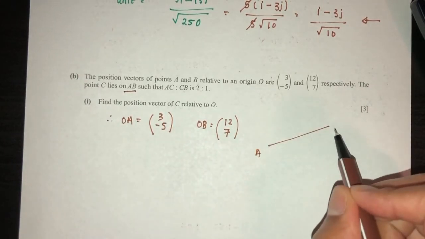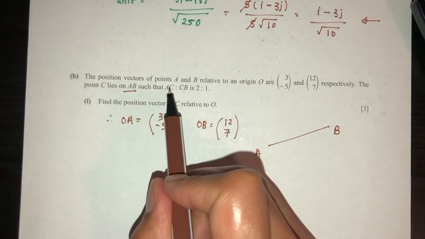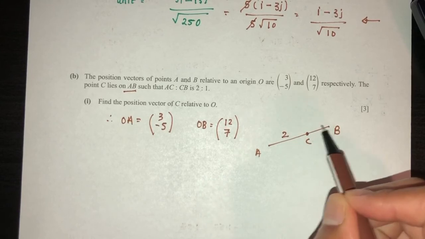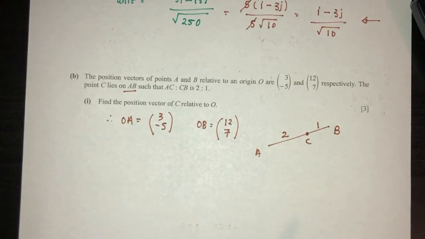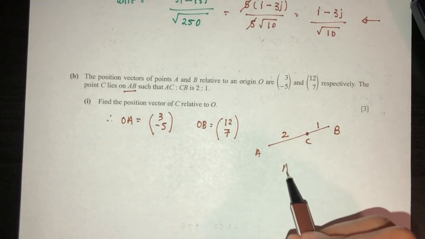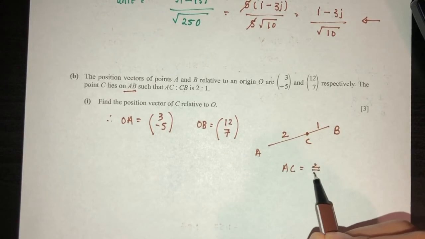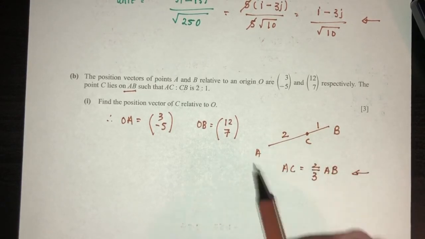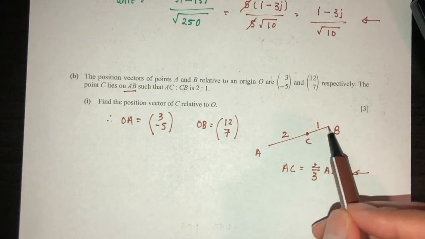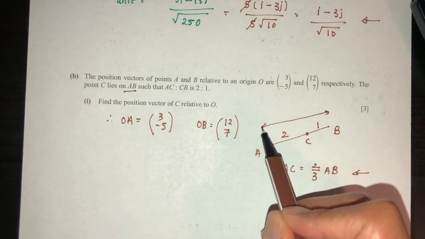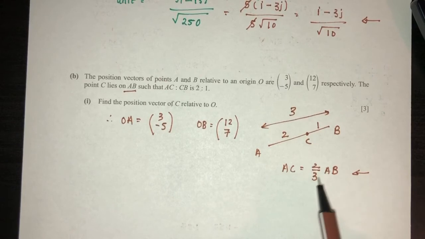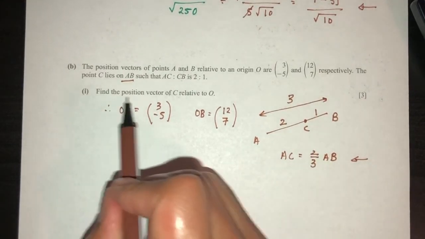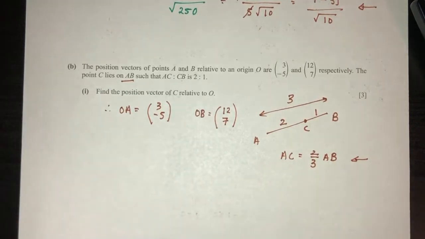This is A, this is B, such that AC is twice CB. So which means AC is 2 over 3 of AB, right? Because if this is 2, this is 1, everything will be 3. So AB is 3, AC is 2. So we have this equation. We have to find OC.